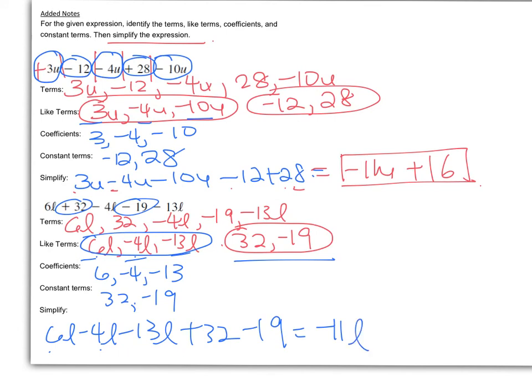And then 32 minus 19 is positive 13. And negative 11L plus 13 is your answer in simplest form.